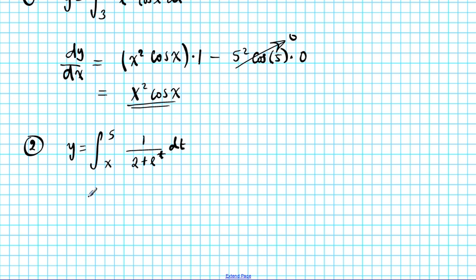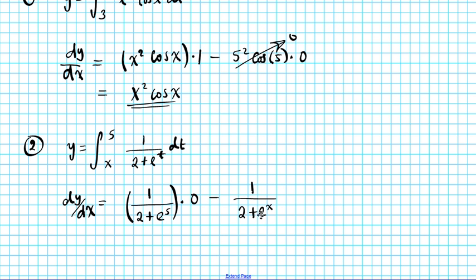If I substitute the top for dy/dx, I'm going to have 1 over 2 plus e to the 5th times the derivative of 5, which is 0. So you see how this whole piece becomes 0 because it's a constant. Minus, now plug in the bottom: 1 over 2 plus e to the x.